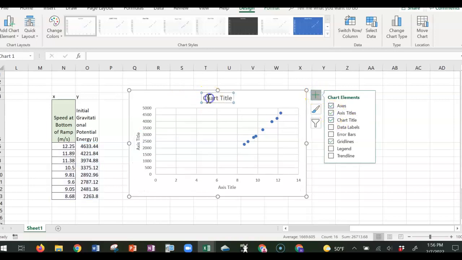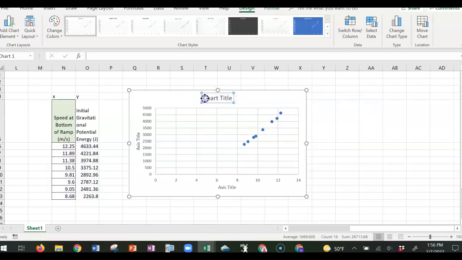And so this is the initial gravitational potential energy at the top of the ramp versus the speed at the bottom of the ramp.